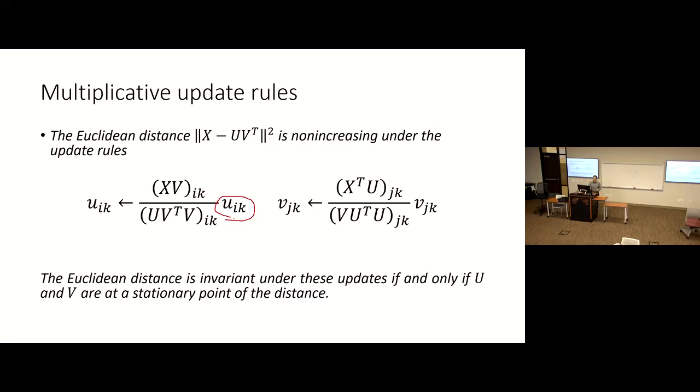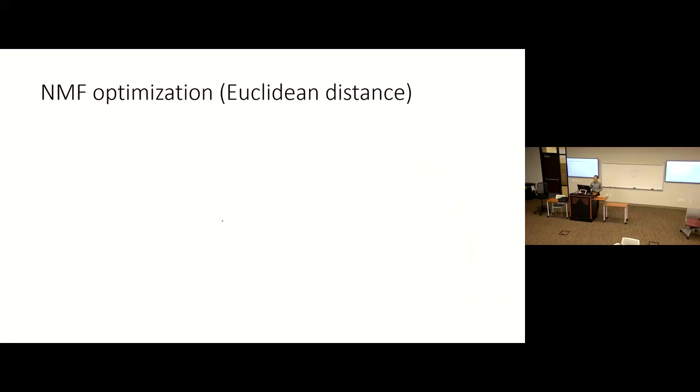So you update Uik, every element in there, using the information from V, from X, and from the U itself. In this way you update the values, and then for the elements inside here, you use information from here to update its values. So this is the step iteration, okay?